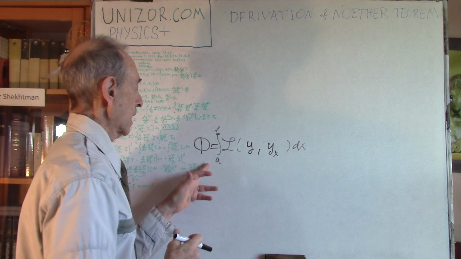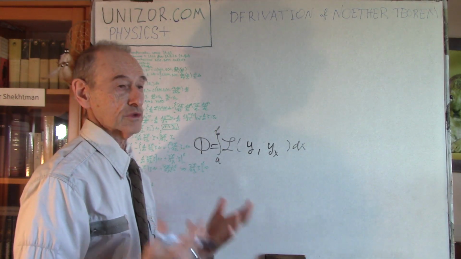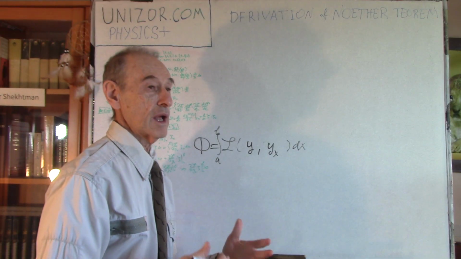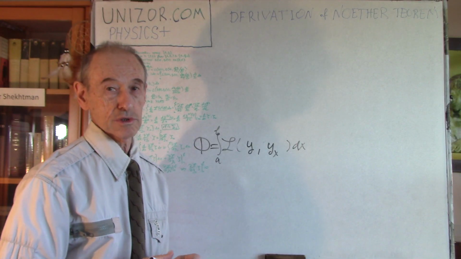If my action functional is invariant relative to the epsilon transformation, then something must be conserved during this transformation.